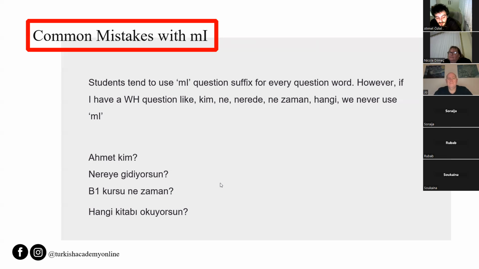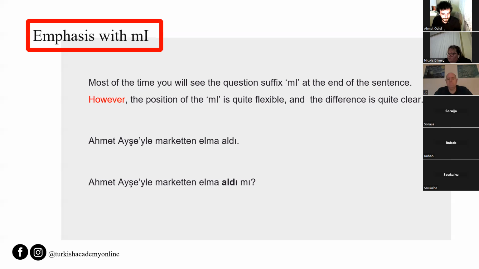Ahmet kim? Nereye gidiyorsun? B1 kursu ne zaman başlıyor? Maybe we could say. Hangi kitabı okuyorsun? All these questions, kim, nereye, ne zaman, and hangi are information questions, so no mu at the end. But there is one thing that I have to mention about mu, and this is the thing that I want to talk about in this workshop.